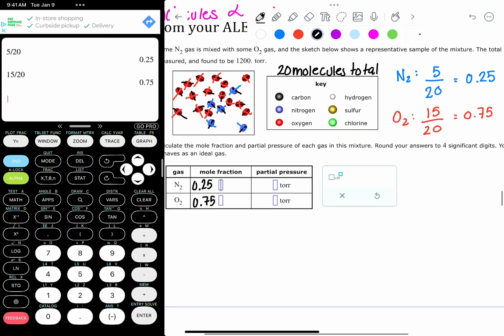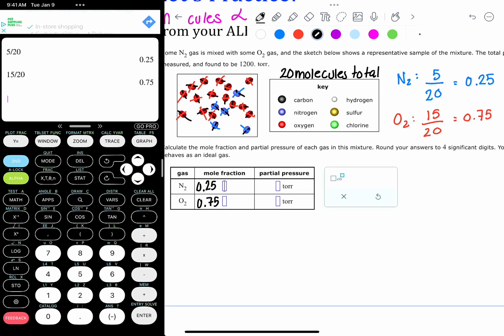Now we can use those mole fractions to find the partial pressure. We know our P total is equal to 1200 torr. So for nitrogen, we're going to take 0.25 and multiply it by 1200.